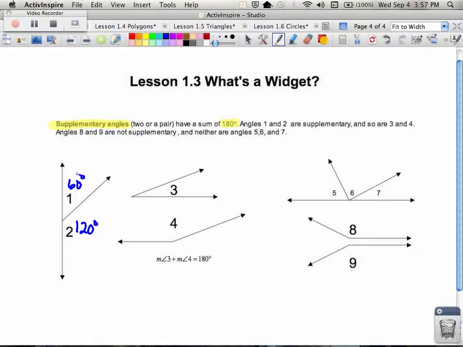So in the second group, where we look at angle 3 and angle 4, if angle 3 is 30 degrees and angle 4 is 150 degrees, even though they are not attached, they can still be called supplementary. So they do not have to be attached. Remember, there has to be 2 angles in order to be called supplementary, not 3, not 4, and so on and so forth. Look at angles 5, 6, and 7.